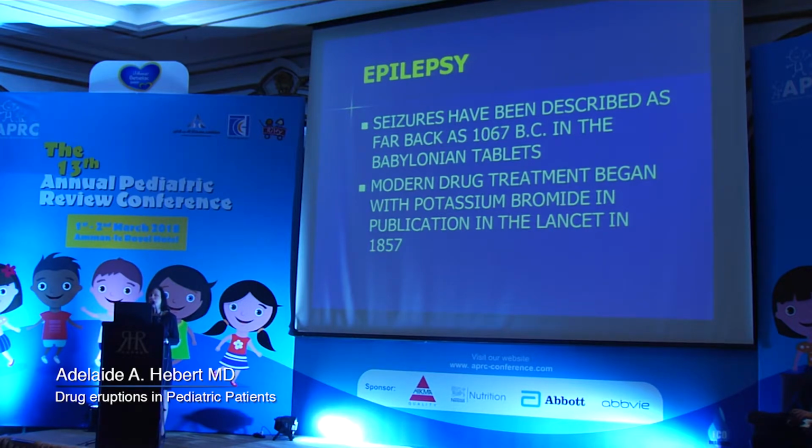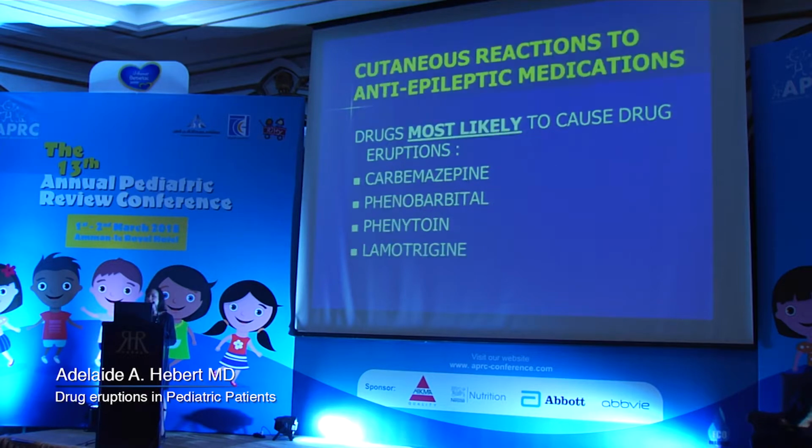So this is not a new crisis that we faced in patient management. It's a very old one indeed. And modern drug treatment, at least what I could find, actually began with potassium bromide, which was published in The Lancet back in 1857. So some of our therapies are very old indeed.